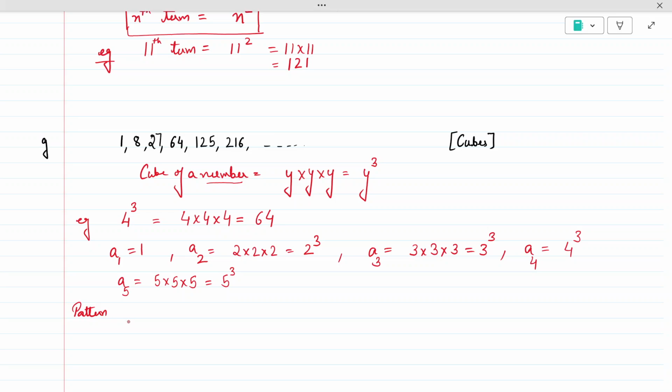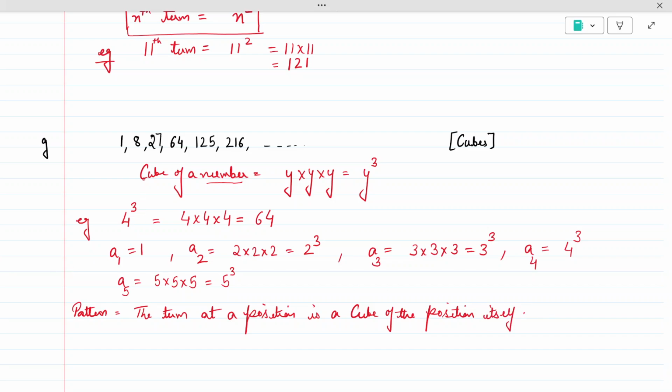And the pattern here is that the term at a position is the cube of the position itself, right?